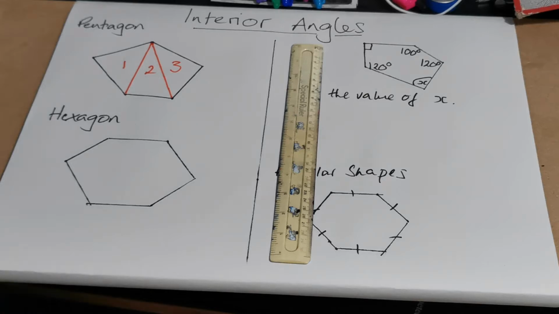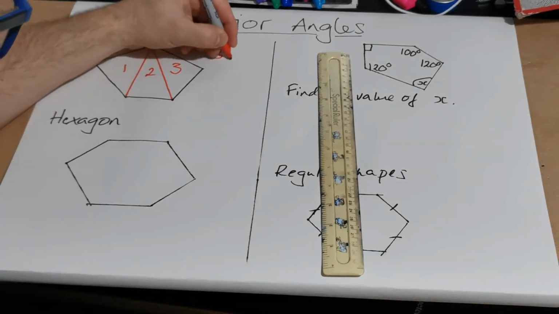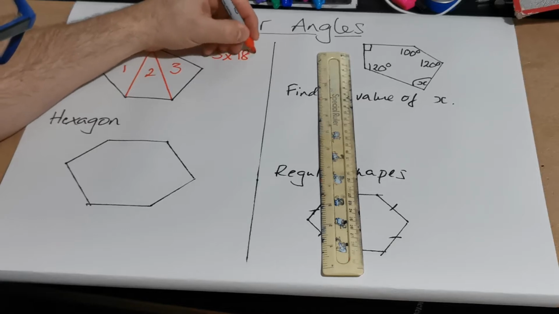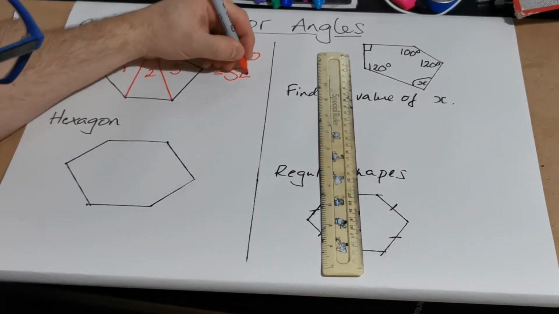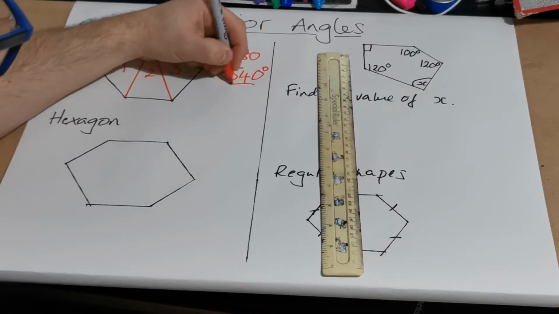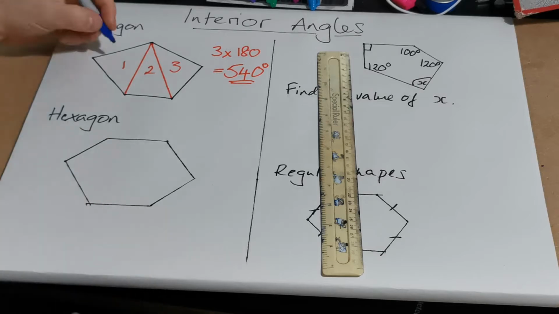And we know the angles in a triangle are supplementary in that they add up to 180 degrees. So I've got 3 lots of 180 degrees, which is equal to 540 degrees, and that's what all these angles add up to.